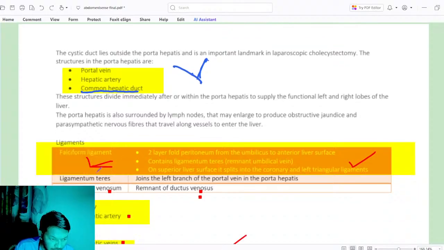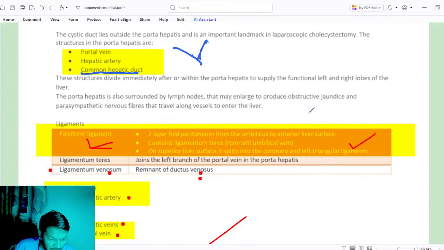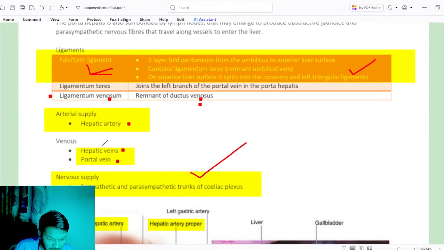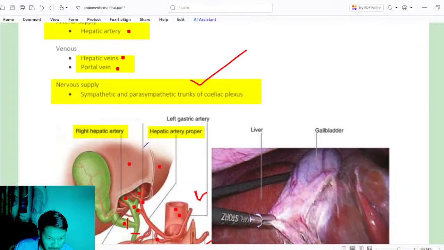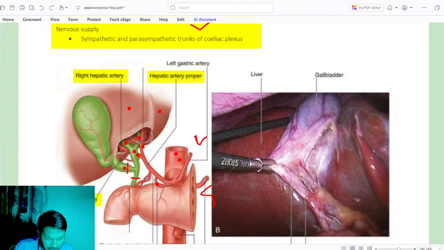Ligament already we have seen. Falciform ligament, just read this part. Arterial supply, venous drainage, nervous supply. Here it will be more clear.